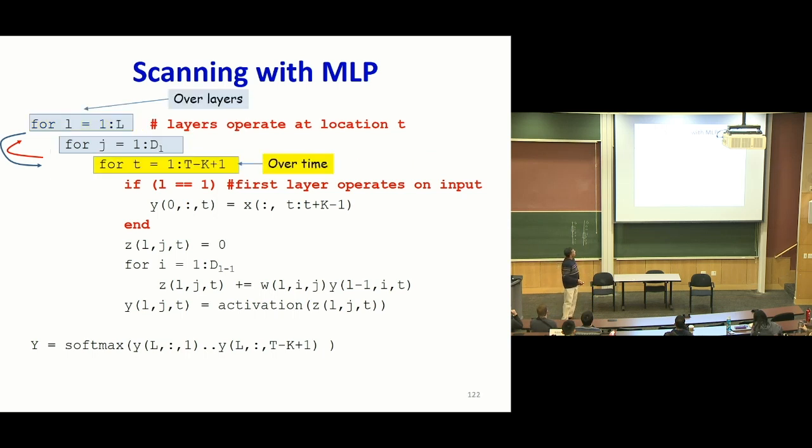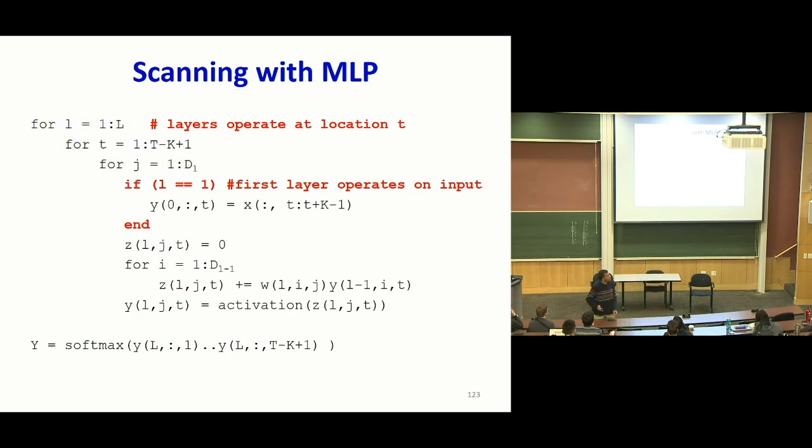And so this, I can go over the layers first, then I can go over the neurons second. So first I can go over time, and I can go over time for each of the neurons in each layer, and repeat this for each layer. So this is basically what I showed you in the figure, right? So this is just the reordered scanning with the MLP.